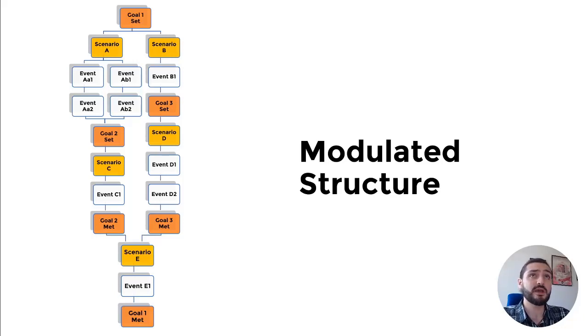If we take scenario A, it then branches into two events for the player to choose from, event AA1 and event AB1. These then converge again at goal 2 being set, scenario C, event C1, goal 2 being met, and then it funnels back into scenario E, E1, and goal 1 finally being met.